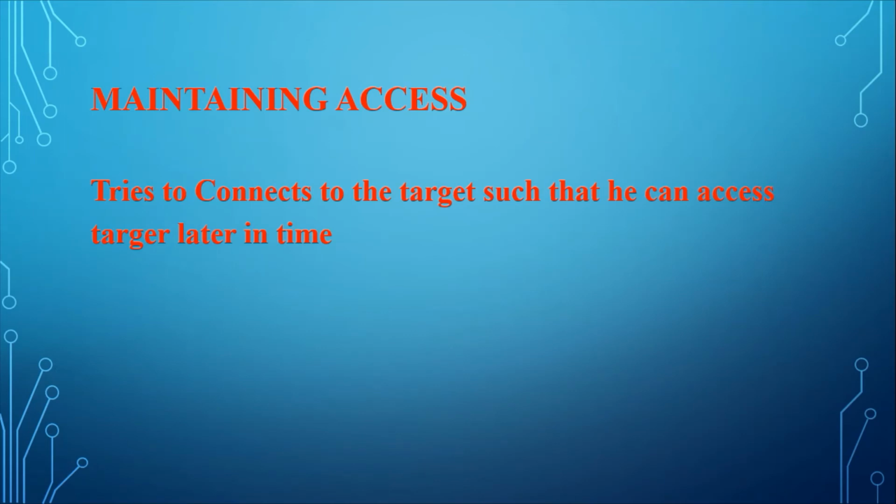The fourth phase is maintaining access. In this phase the attacker tries to stay connected to the target, which means he installs software or makes changes to the target so that he can access it later in time. Popular ways of maintaining access are installing backdoors or creating a new user, so later he can use that username and password to access the target.